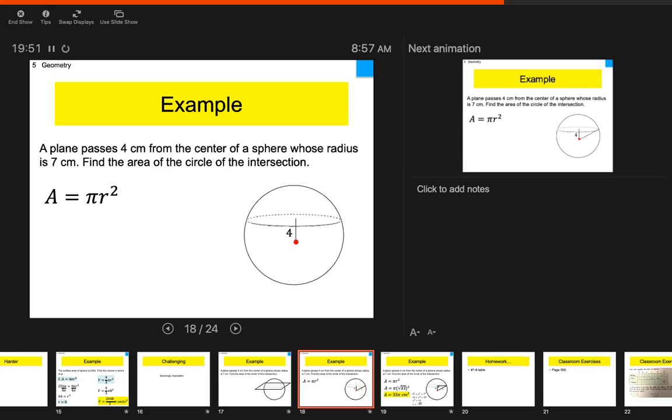So I could choose to draw that radius anywhere I wanted to on the sphere. I'm going to draw it right there. So I'm going from the center to where the circle intersects the sphere, and we know that that's 7, as indicated by the instructions right there.